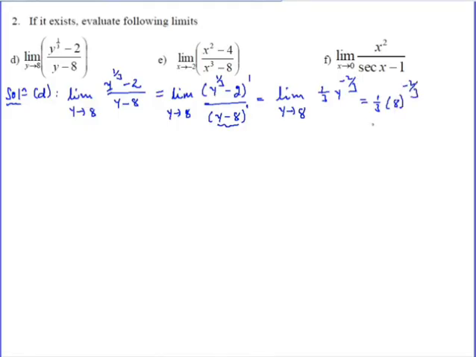Okay, this is the same as 1 over 3 times 8 to the power of 1 over 3, the whole to the power of minus 2. 8 to the power of 1 over 3 is 2. So this is 1 over 3 times 2 to the power of minus 2, which is 1 over 4.